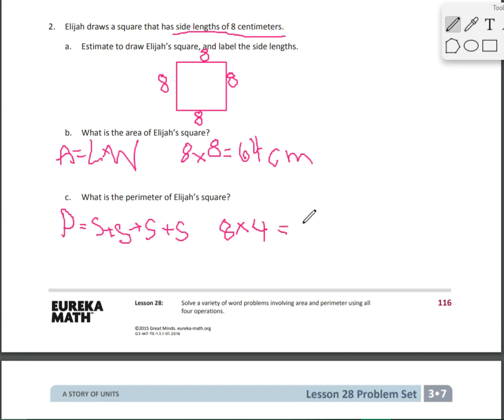So when I know all sides are the same, I can multiply the length by the amount of sides. Because 8 times 4 is the same as 8 plus 8 plus 8 plus 8. It is the exact same set of measurements, but instead of doing all that, I can just do 8 times 4 in this instance. Notice that we had the same perimeter for both parts of C, which I thought was kind of fun how they had that repeat again.